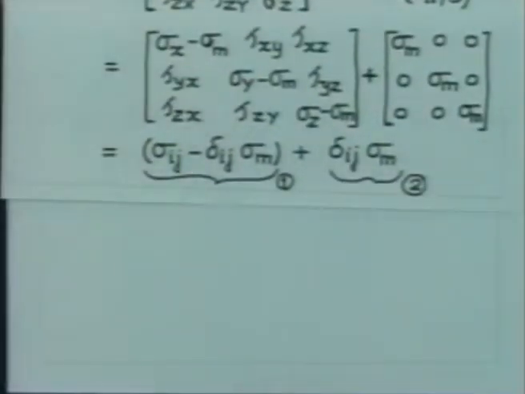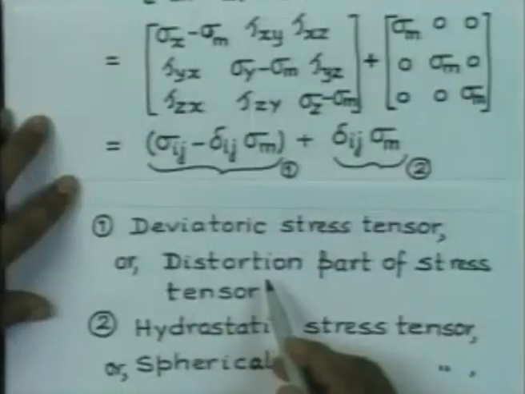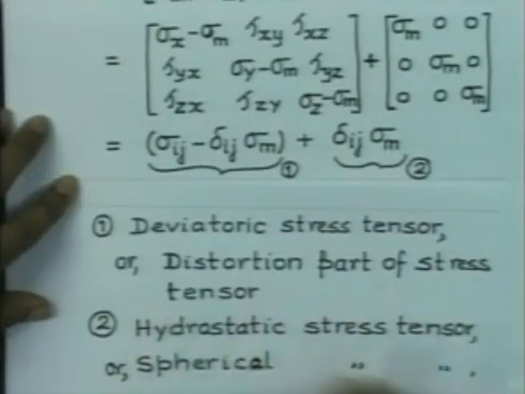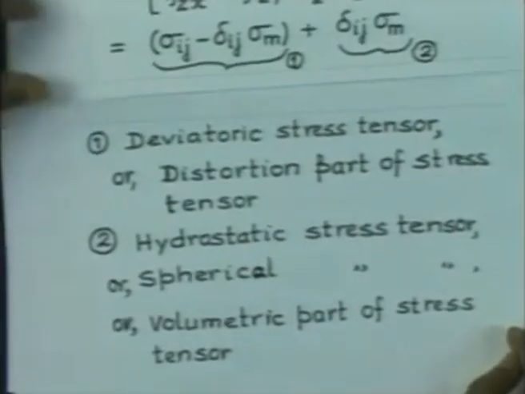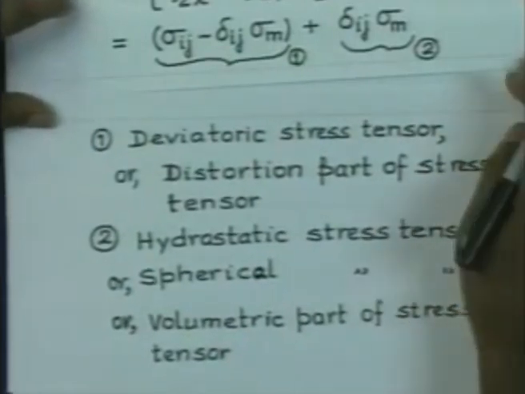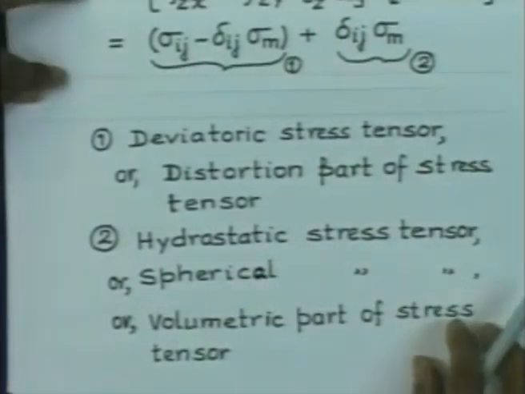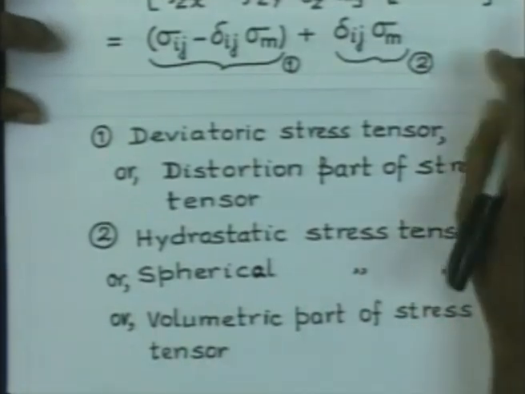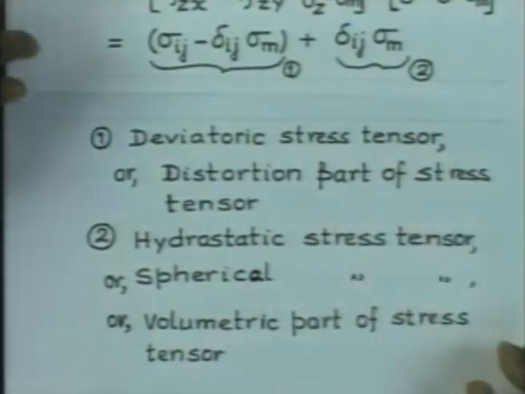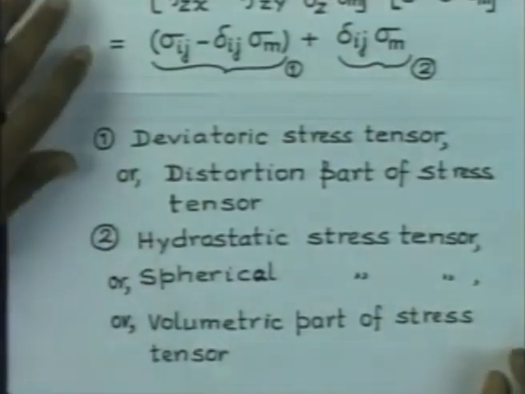This first part is known as the deviatoric stress tensor. It is also known as the distortion part of the stress tensor, and the second part is the hydrostatic stress tensor. It is also called the spherical stress tensor or volumetric part of the stress tensor. These two parts have distinct roles.